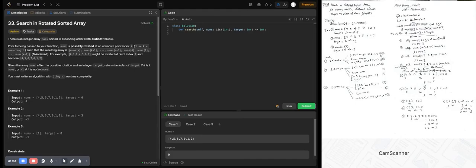Alright, let me quickly walk through the code to make sure I haven't missed anything. First, I'm gonna create the mid, initialize it to the middle value of nums. The left is pointing at the first index, and then the right pointer is pointing at the last index.